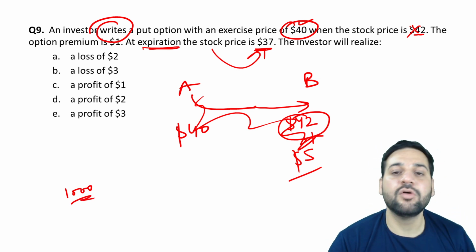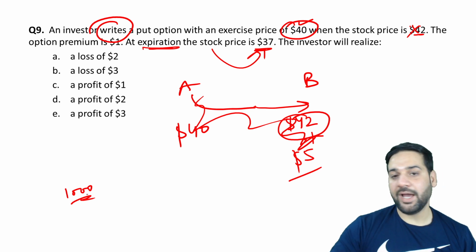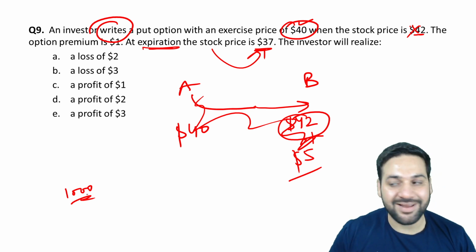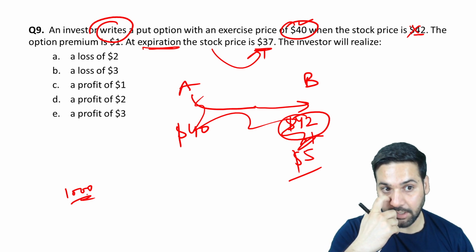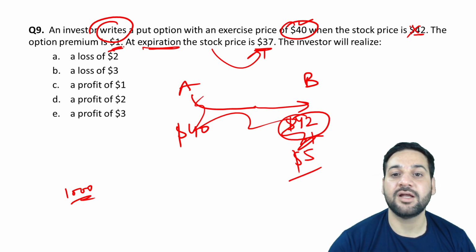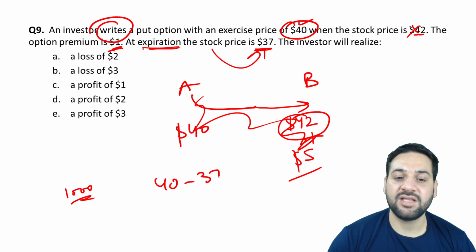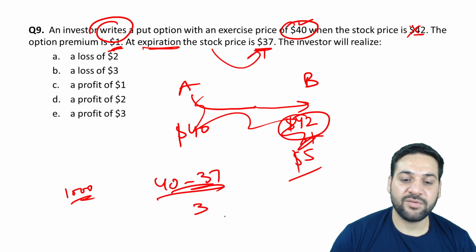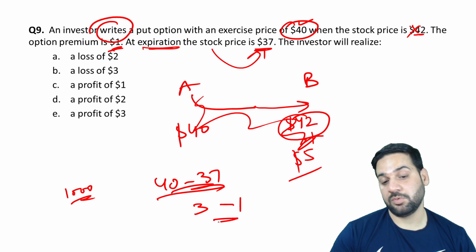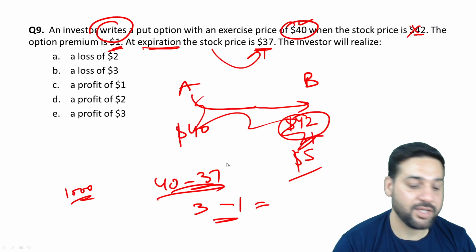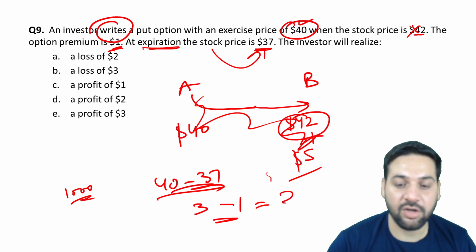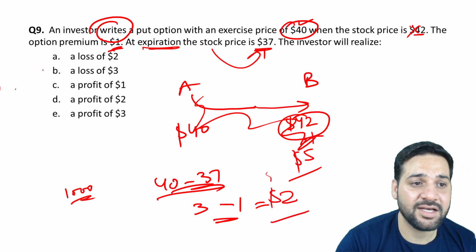So you need to buy shares at $40 and sell them in the market for $37. So a $3 loss was there. But as you got a premium of $1, you made a loss of $2. So A is the correct answer.